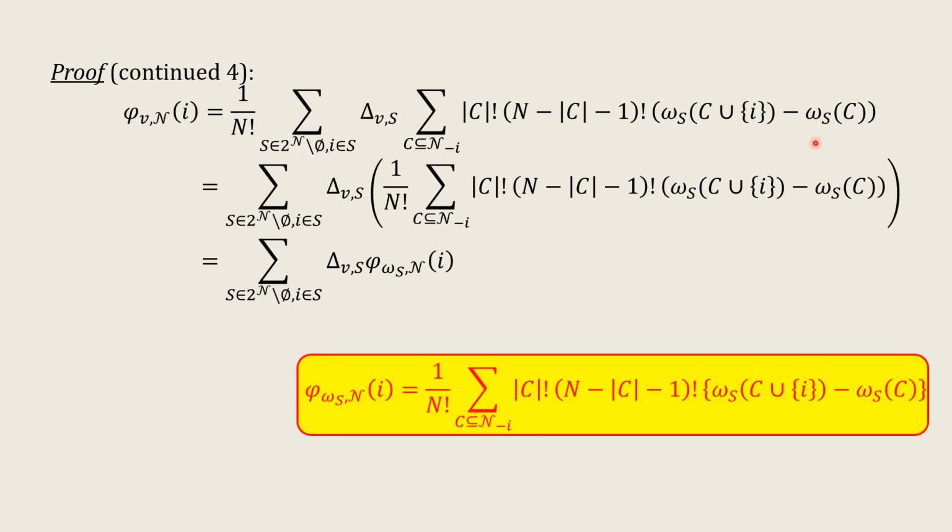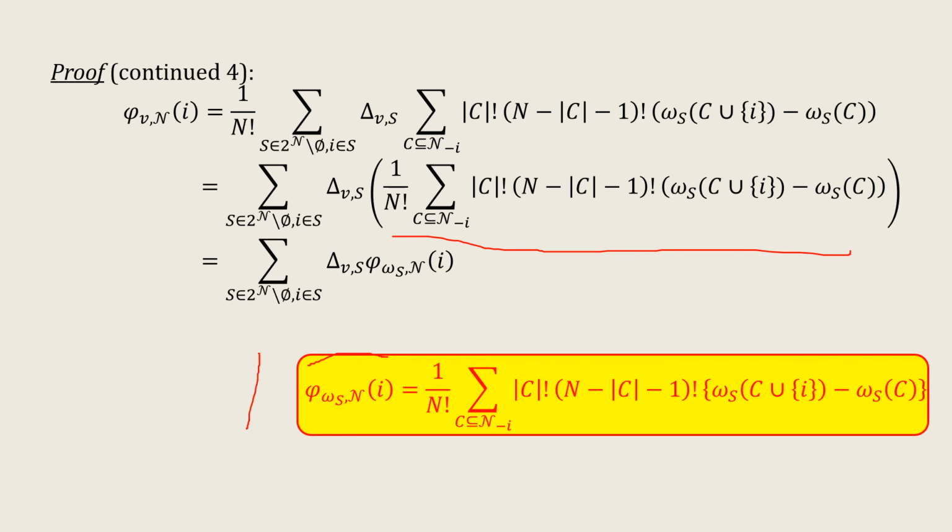So this is where we were at, and then I take the 1 over n factorial inside, and so this is my inside expression within this large parenthesis, and this is equal to this.